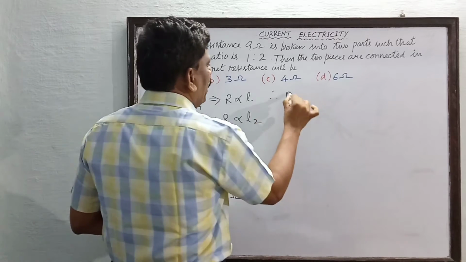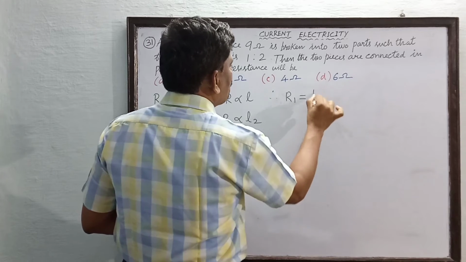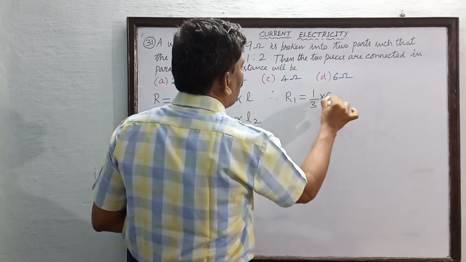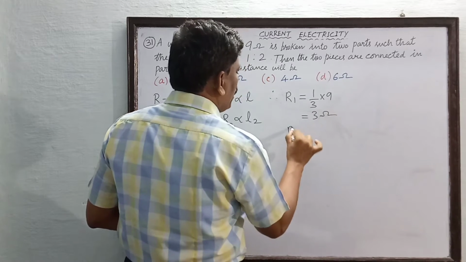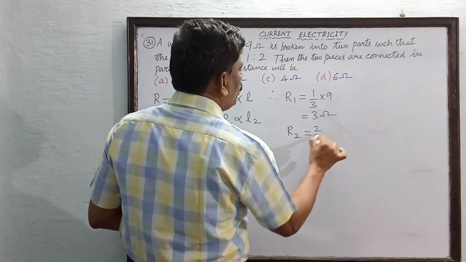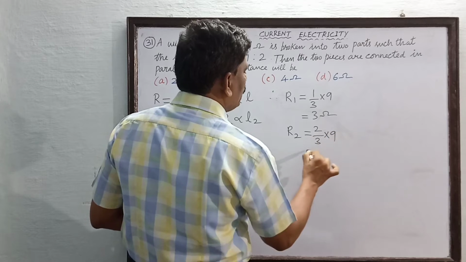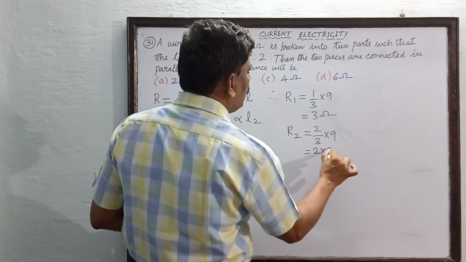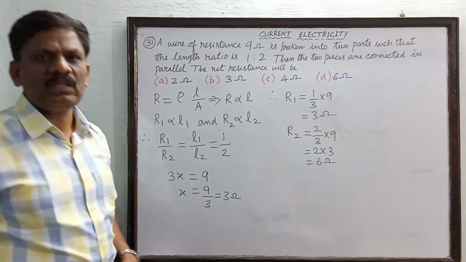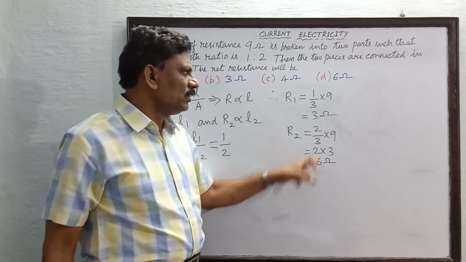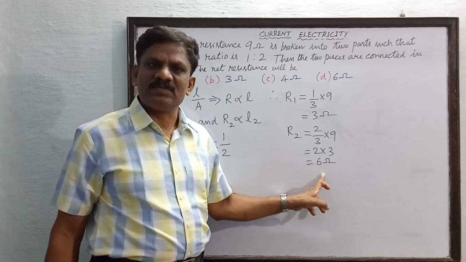Therefore, R1 must be equal to 1/3 of 9, so this is equal to 3 ohm. And R2 must be equal to 2/3 of 9 ohm, so this is equal to 2 into 3, that is equal to 6 ohm. So we have found the values of R1 and R2 as 3 ohm and 6 ohm respectively.